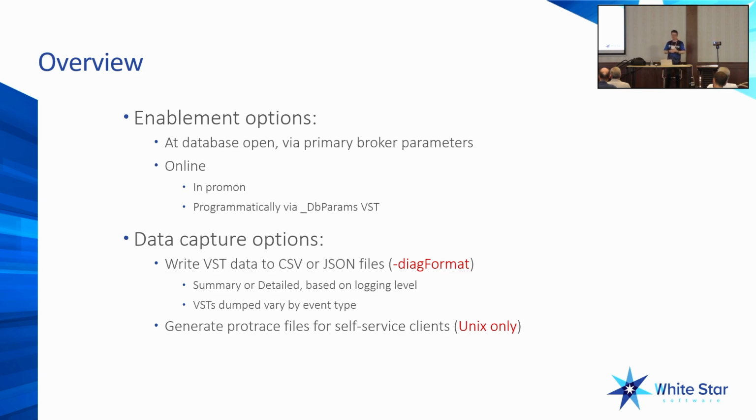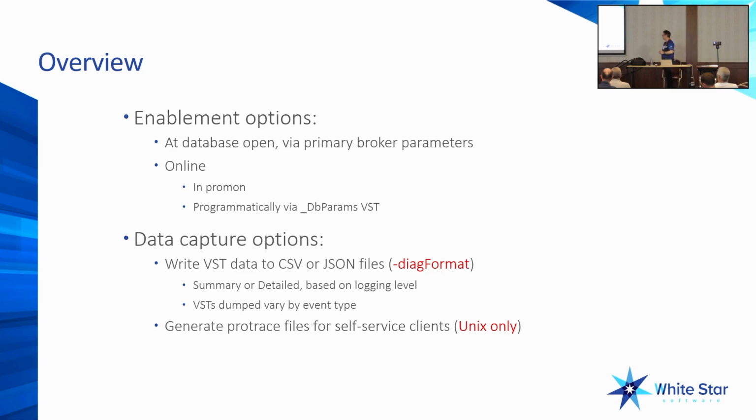So our options are, as I said, we can use these parameters to configure the feature, or we can also do it online in Promon or programmatically. As long as your 11.7 database has the _db params VST, and it should, you can use that to enable this feature programmatically.